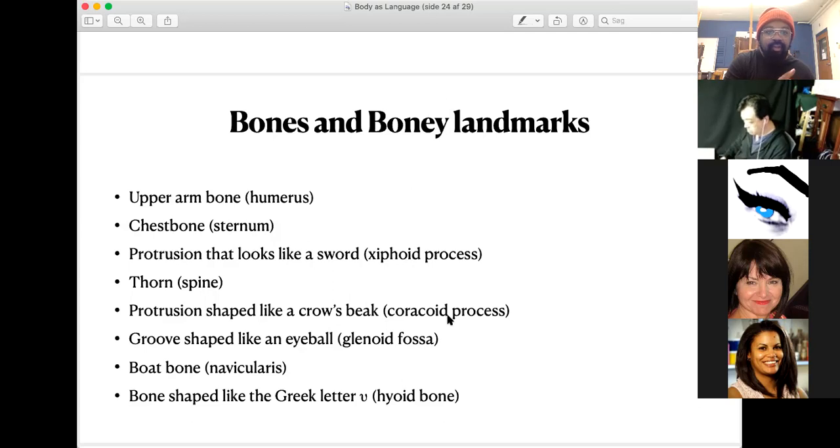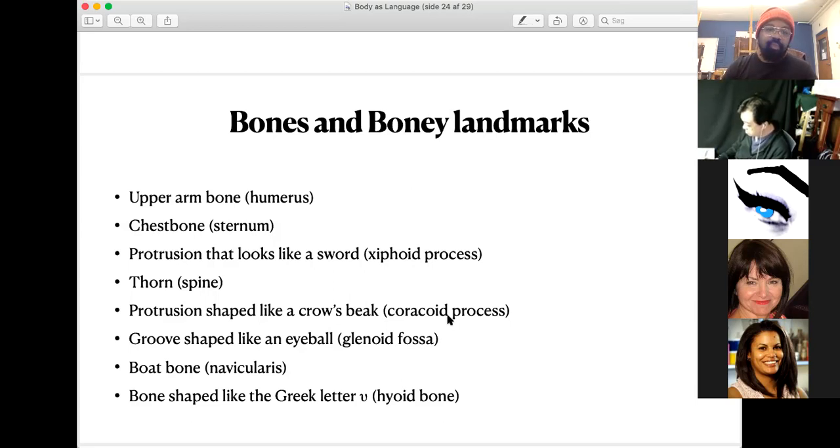Another bone and bony landmark, the coracoid process, the protrusion that looks like a crow beak, and the glenoid fossa, the groove that looks like an eyeball. Both of those are on the scapula, and scapula means shoulder blade.